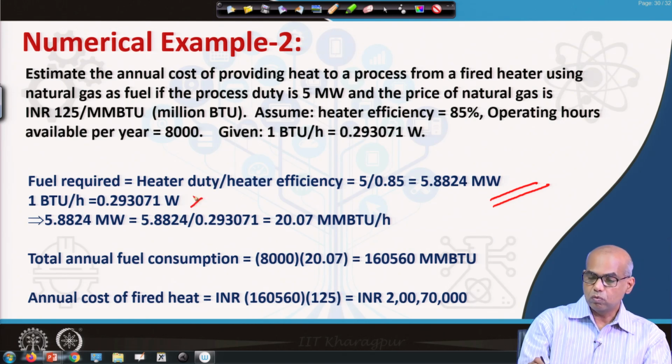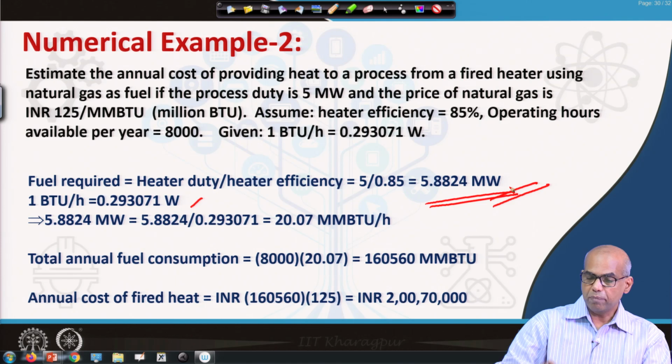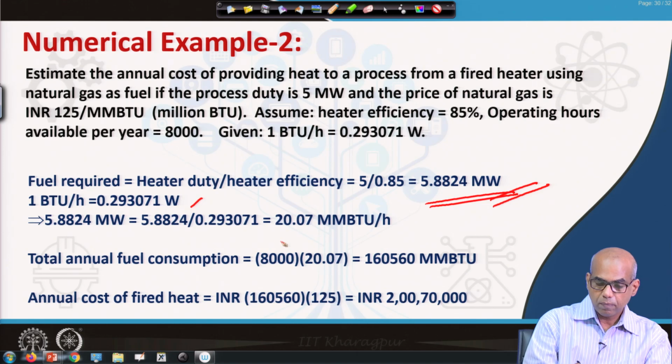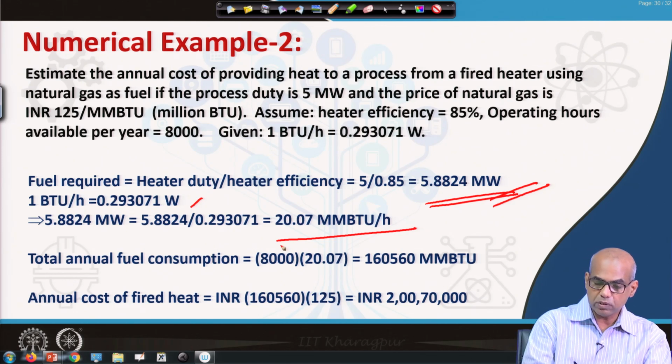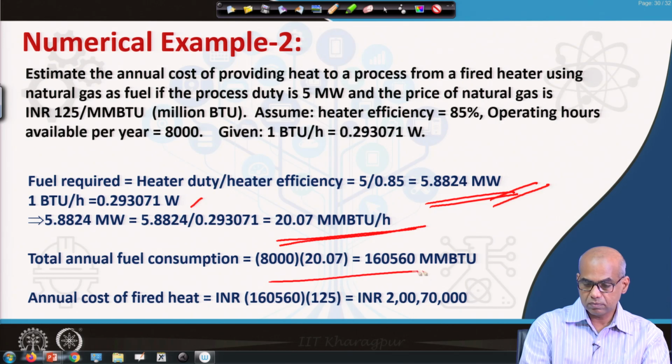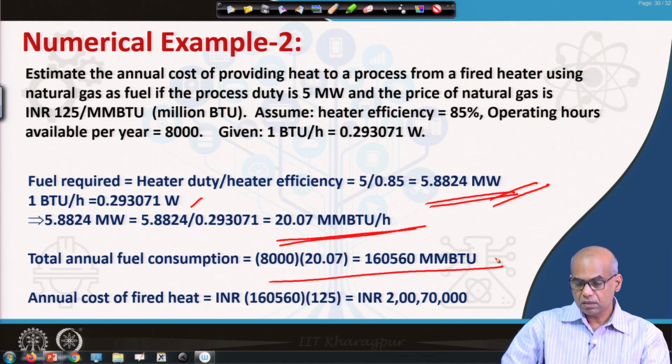So, we convert 5.8824 megawatt to million BTU per hour. Now, there are 8000 hours in 1 year. So, total annual fuel consumption can be computed by multiplying 20.07 with 8000. So, that gives me 1,60,560 million BTU.